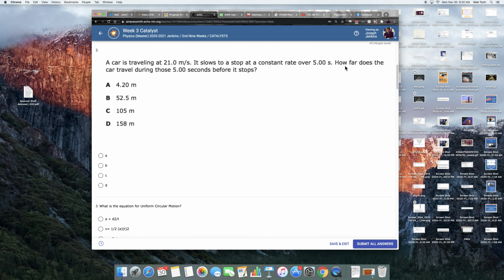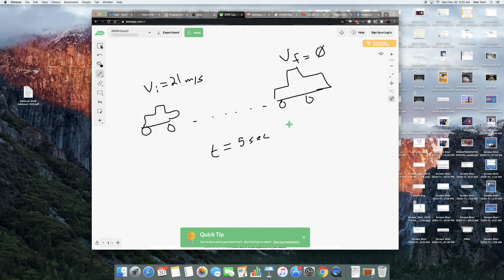And it says, how far does the car travel during those 5 seconds before it stops? So I'm looking for how far, which I hope you realize is the displacement.